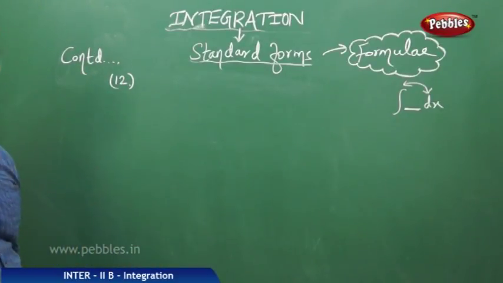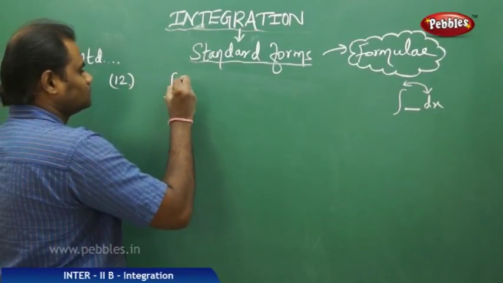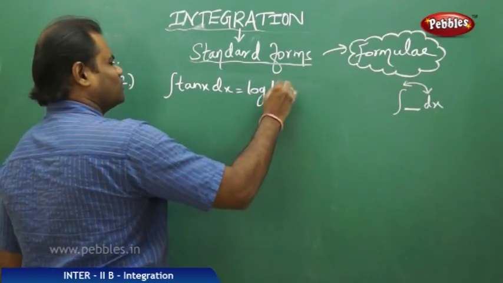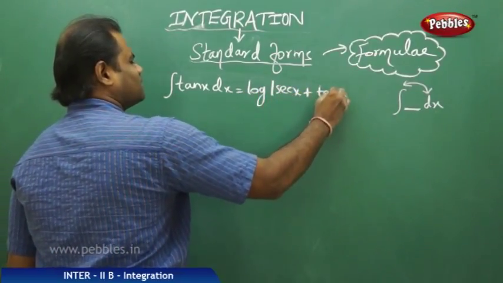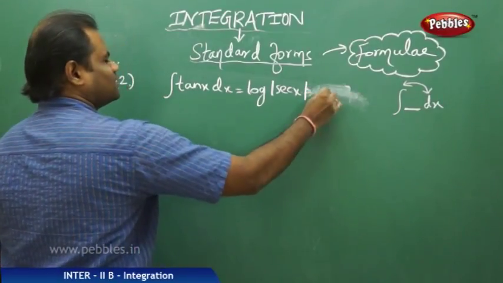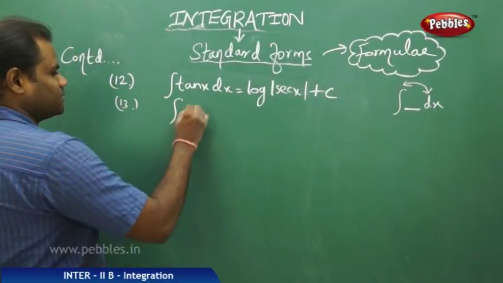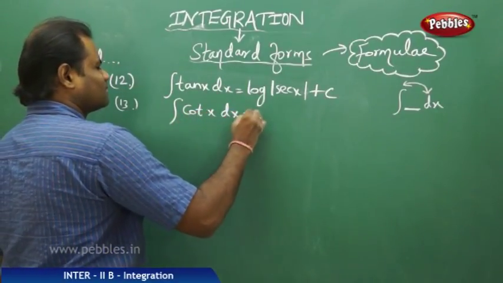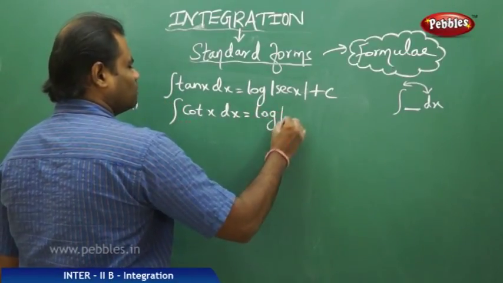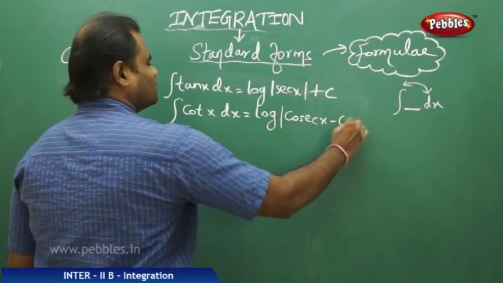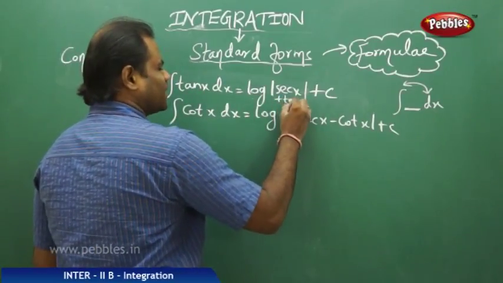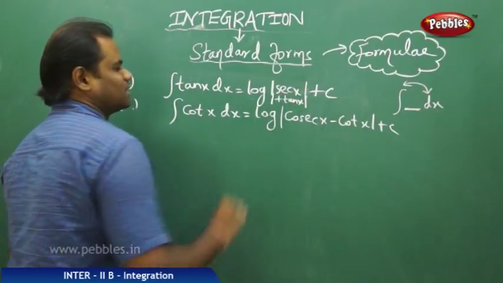Now continued, we have integral tan x is log mod secant x plus c, and integral cot x is log mod cosecant minus cot plus c, and integral tan x is log mod secant x plus tan x plus c.